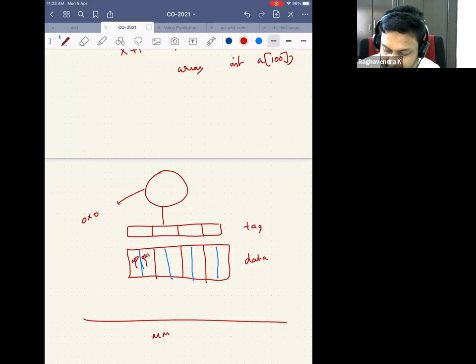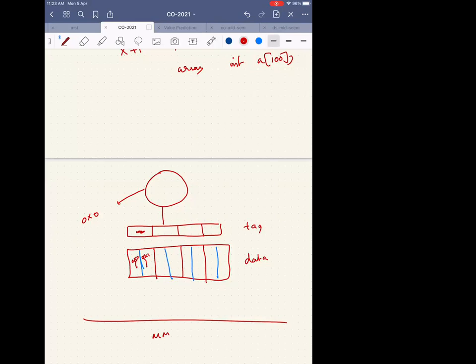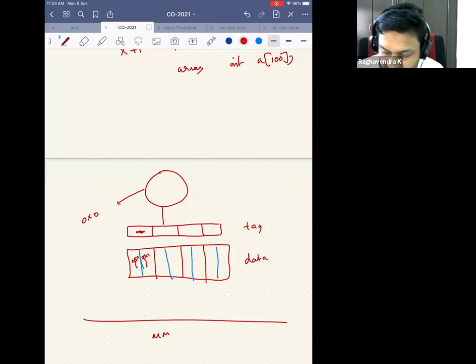Of course, this is the data, but in the tag, should I store 0x0 or should I tag 0x1 here? What should I store here? 0x0, and for checking, we can check for a range. Yeah, that's a good answer, right? So I will store 0x0 here.